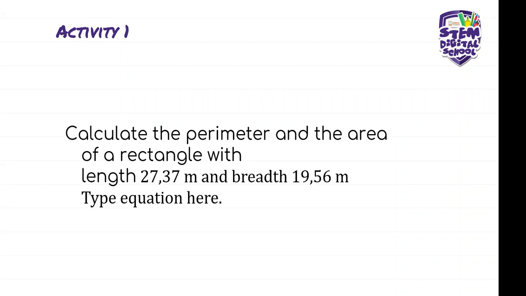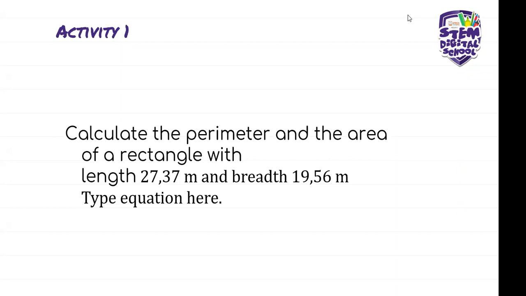So the area in this case will be 535.36 square meters. And that is the area. We calculate it by using the formula for the area of a rectangle, which is length times breadth.